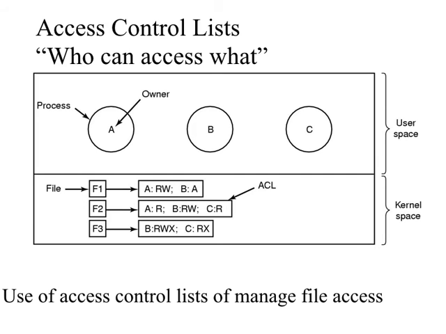For example, for file 1, you can specify that user A can read and write to it, whereas user B has the same permissions as user A. So access control lists are a little bit more expressive than the traditional discretionary access control, and many modern operating systems such as security enhanced Linux use access control lists.